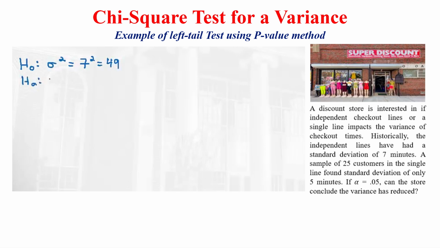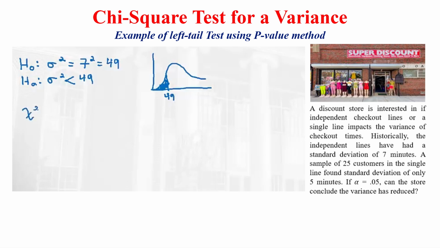The alternate hypothesis is that the variance has reduced. That's what we're trying to show. So it is less than the 49. If we think about our graph then with our chi-squared, starting at 0, we want to be less than 49. So we're going to be in this left tail, less than the 49.